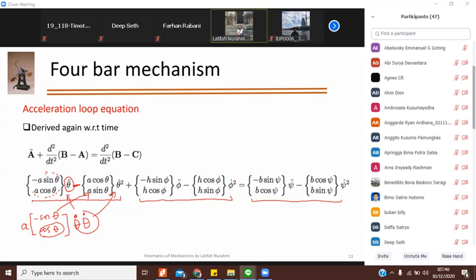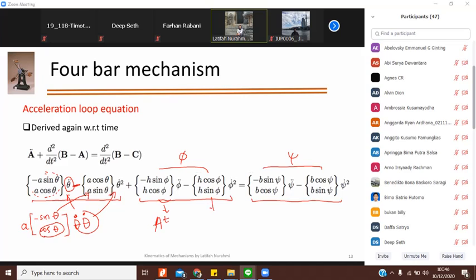Right, so here is also the same. This applies for the phi, this applies for psi. And here, if you characterize each vector, then you will know that this is what we call tangential accelerations.